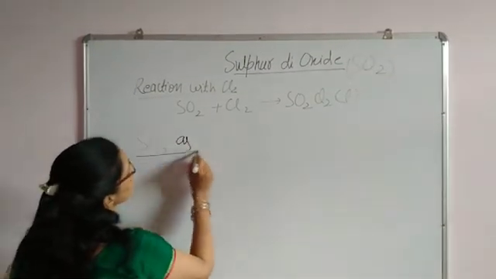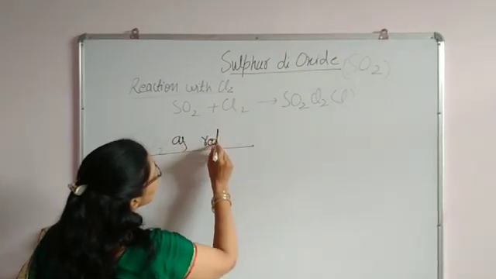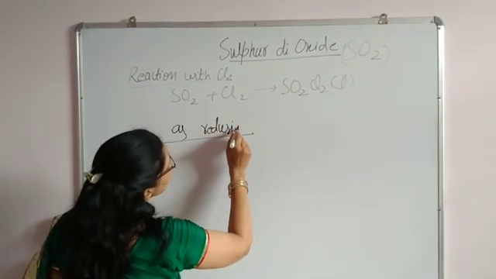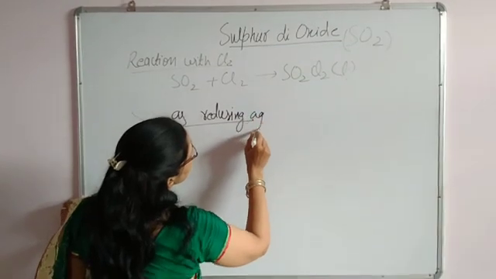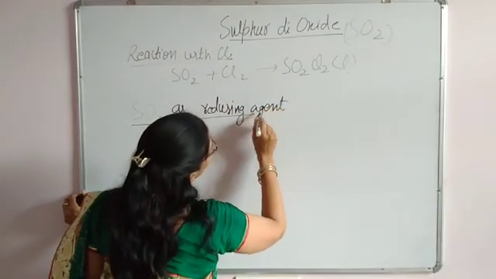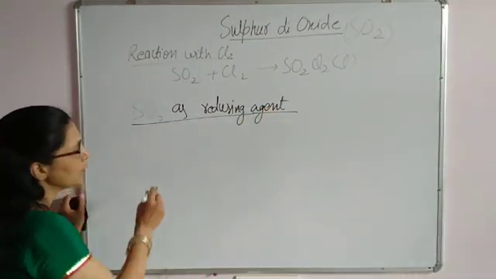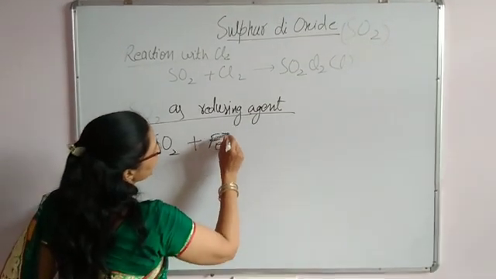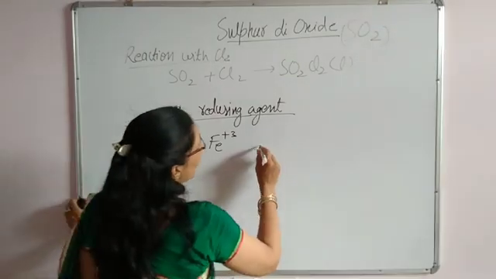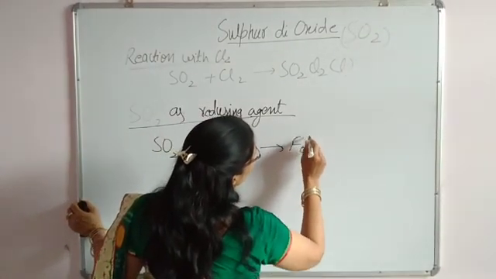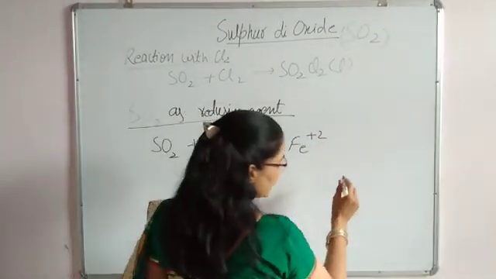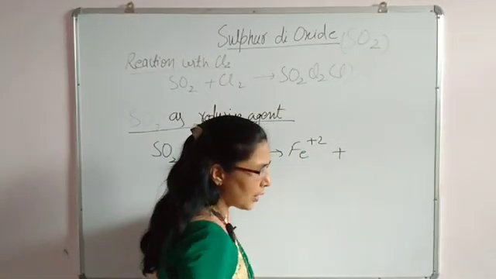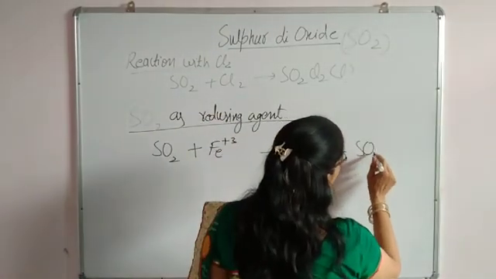SO2 as reducing agent. When SO2 gas is treated with Fe plus 3 compound, Fe plus 3 will convert into Fe plus 2 and this sulfur dioxide will convert into sulfate.